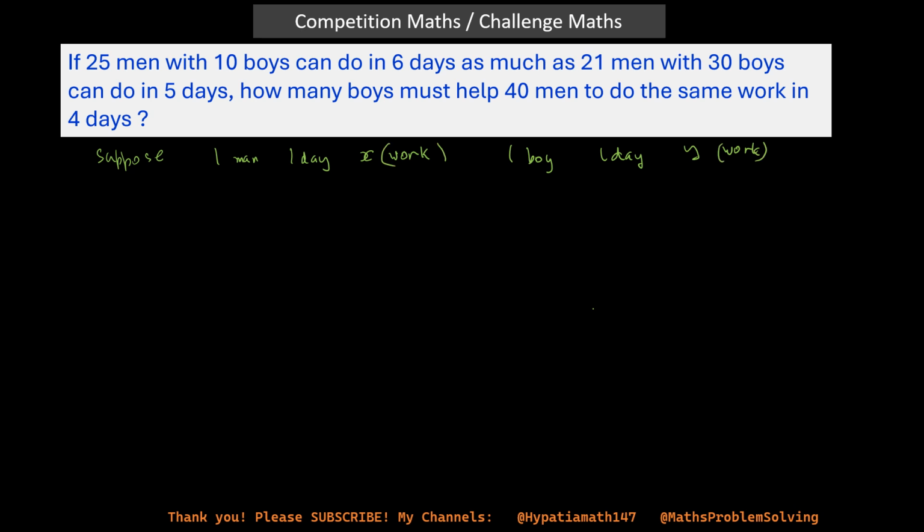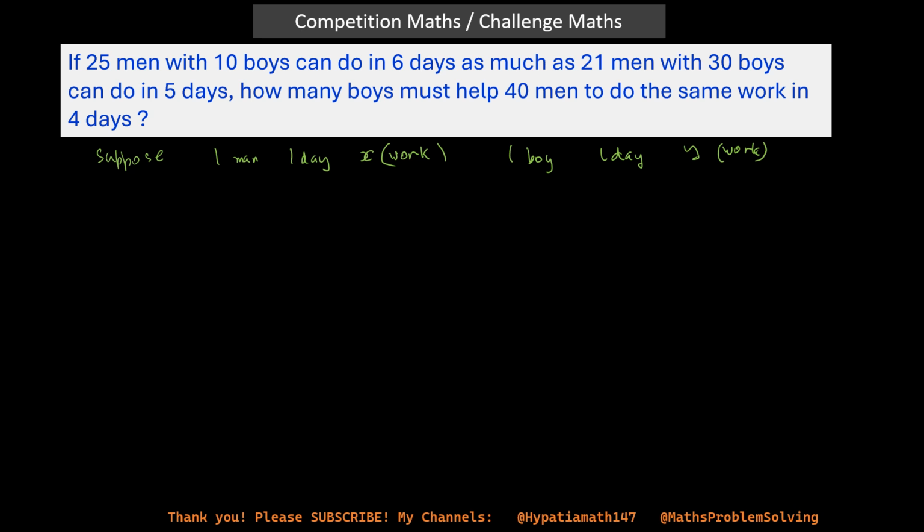Then you will see a lot of things can be expressed very easily. How much work 25 men will do, how much 10 boys will do, and that will be quite simple. Then we will equate it, and we will get the answer, I hope.